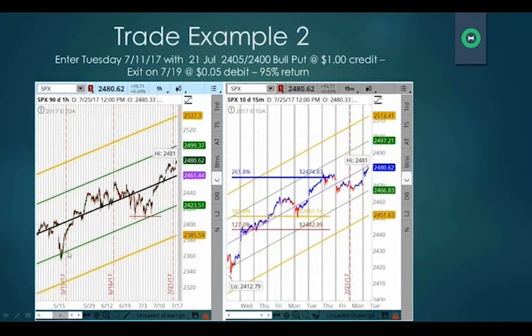Remember that a lot of big institutions are trading this, and it doesn't deviate very much from the norm, the norm being this regression line. When it does deviate from the norm, it'll snap back, and sometimes it'll overshoot and then come back, and we can take advantage of these snapbacks.